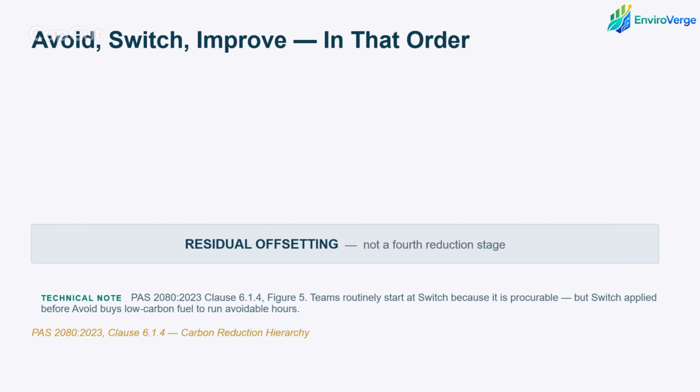So how do you actually cut it? In order. PAS 2080, Clause 6.1.4, sets out a carbon reduction hierarchy, 3 stages applied in sequence. Avoid. Delete the activity. Cut double handling, remove a temporary work sequence, or don't build the thing at all.